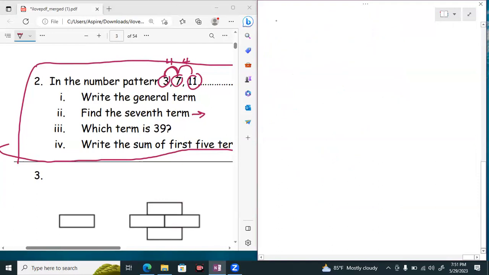I will write it here, second one: 4n minus 1. Then 4 times 7 subtract 1. Don't subtract 1 from the 7 here, because you have to do the multiplication first. 28 subtract 1, the answer is 27.